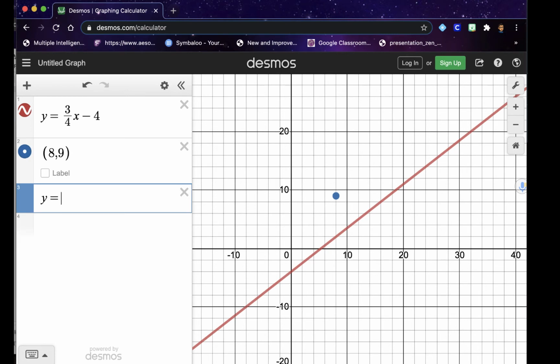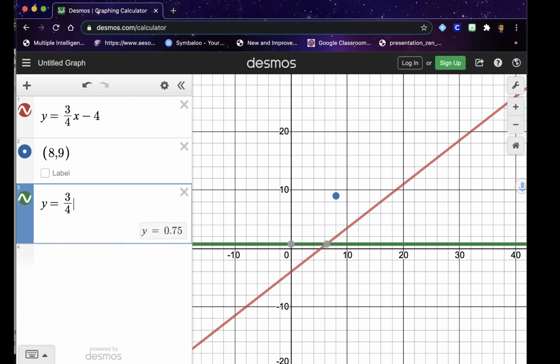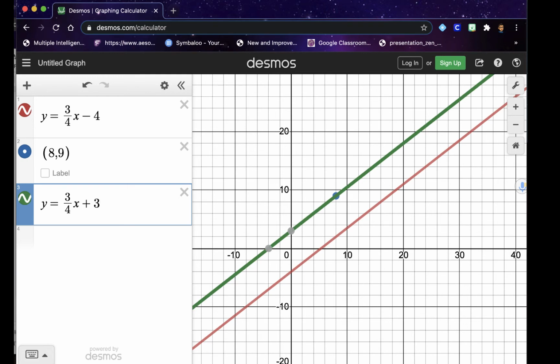Our equation we came up with was 3/4 x plus 3. If I type that in, it does in fact go through 8, 9, and it is parallel to our original equation. So y equals 3/4 x plus 3 must be the correct equation.